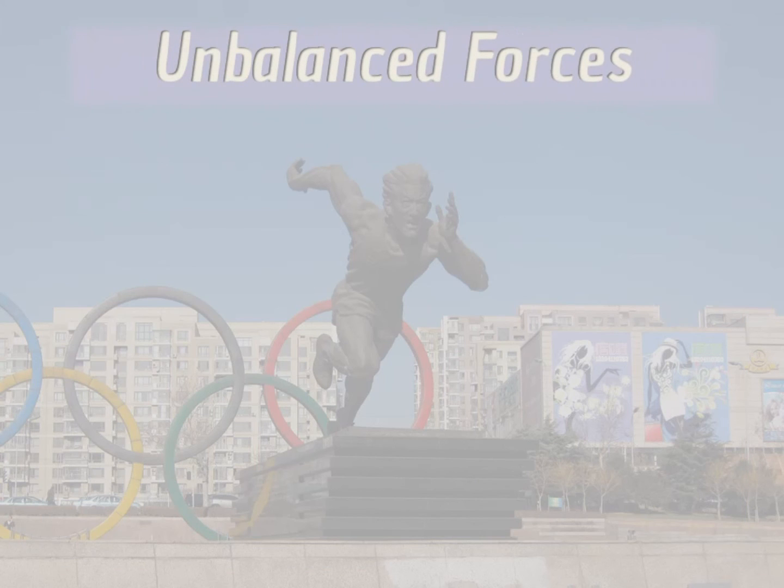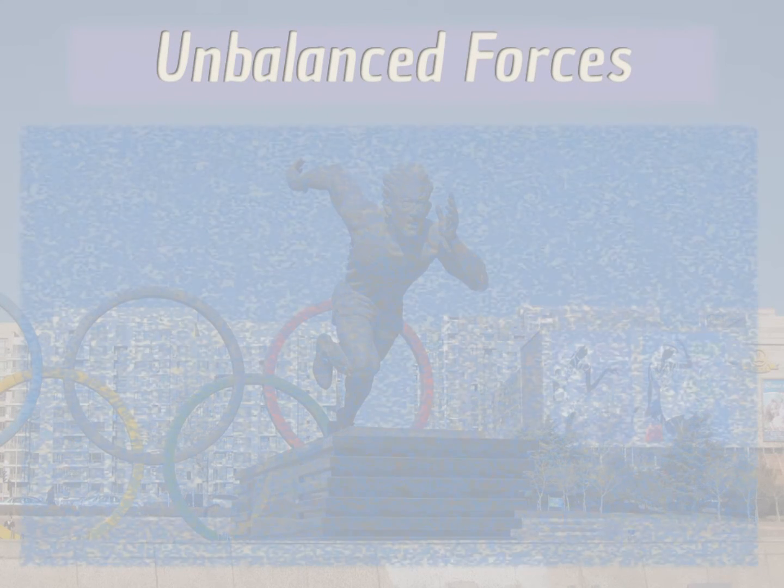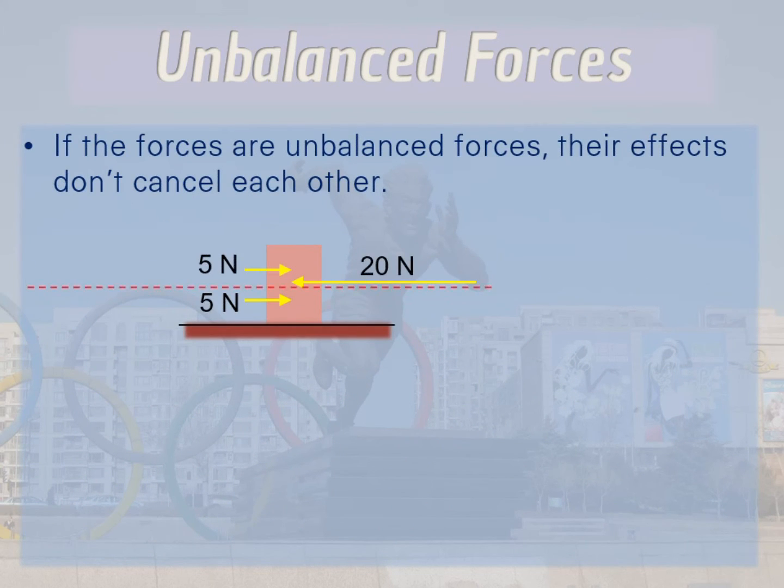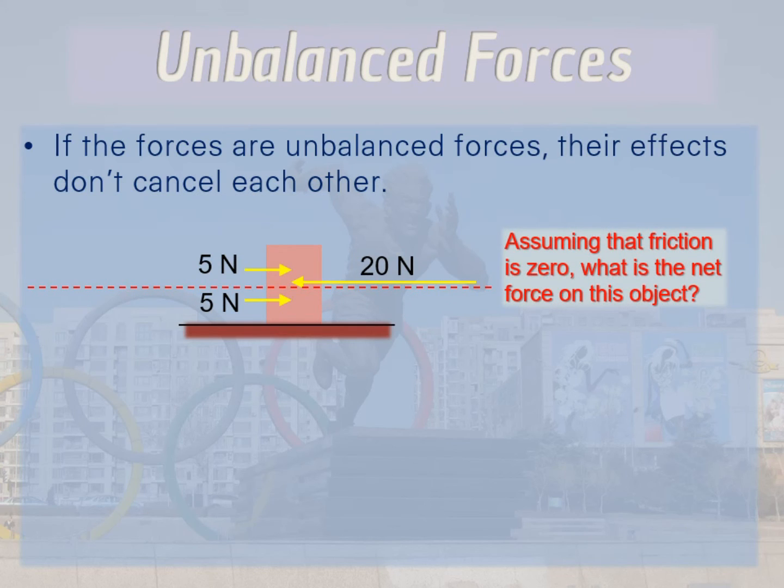So it's reasonable next to define unbalanced forces, and they are simply forces that do not cancel each other out. And I'm sure some of you can imagine what's going on here. In this object's case, we have 10 newtons acting from the left, pointing right, and 20 newtons acting in the other direction. So assuming that the friction is 0, what is the net force on this object?